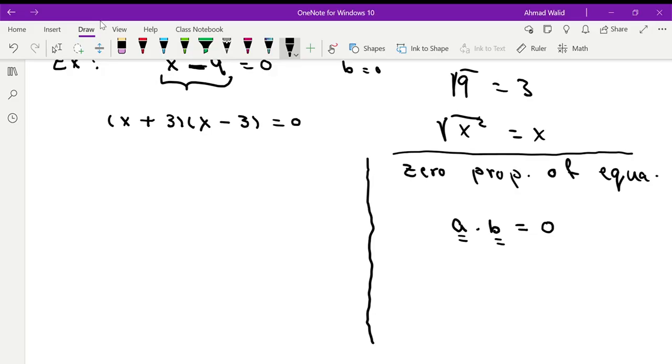It means, if I write this way, A is equal to zero, or maybe B is equal to zero. We don't know which one, correct?